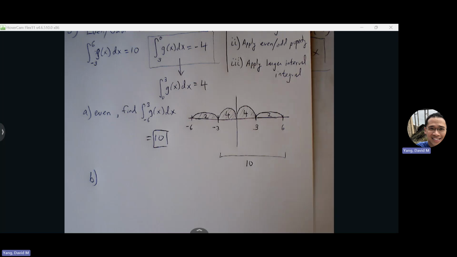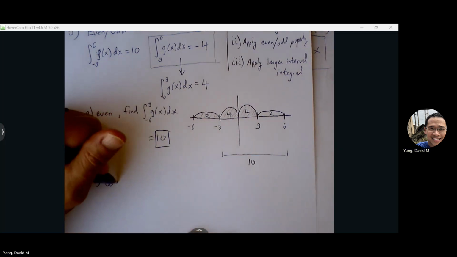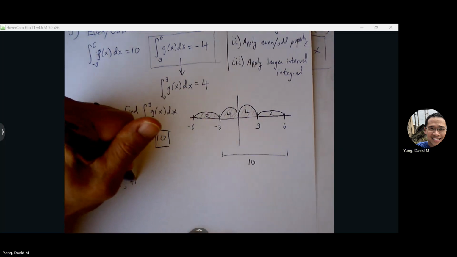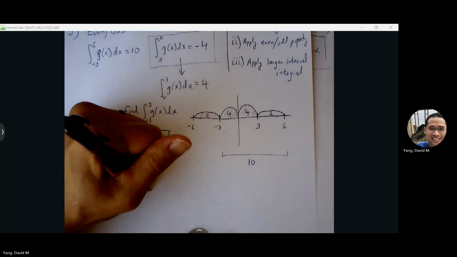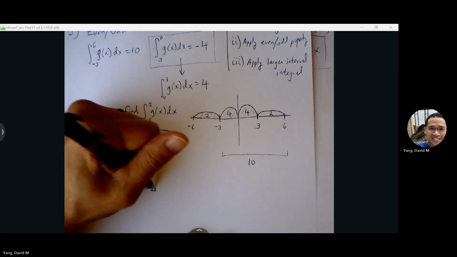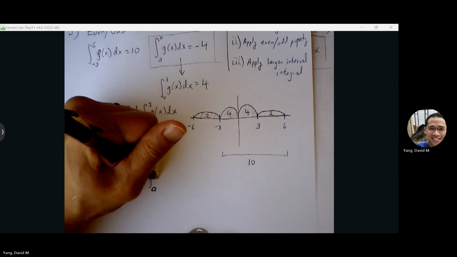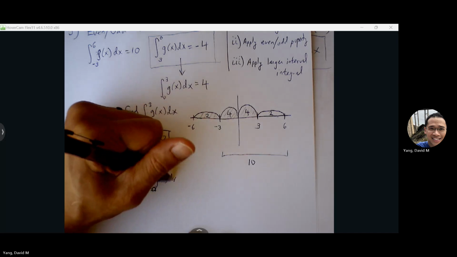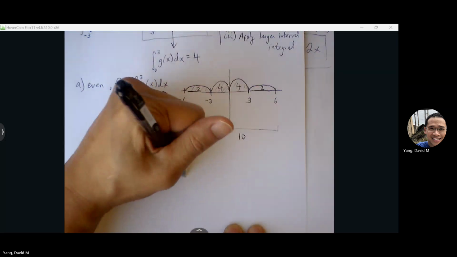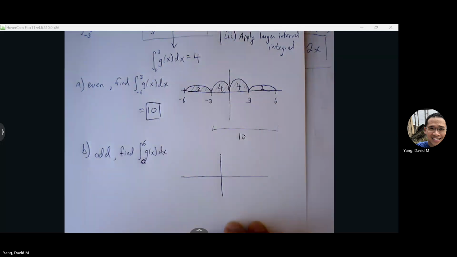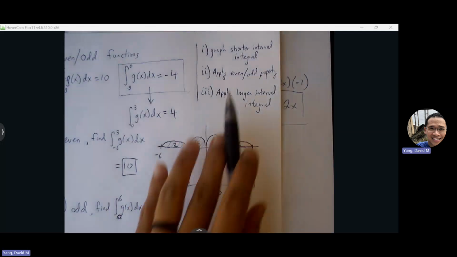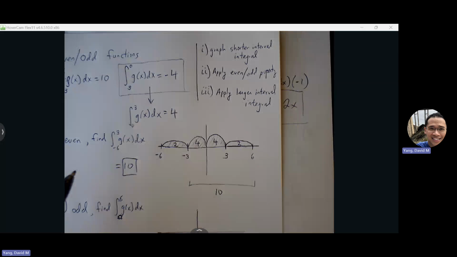Part B, odd function. Start with your shorter interval. 0 to 3 is 4.